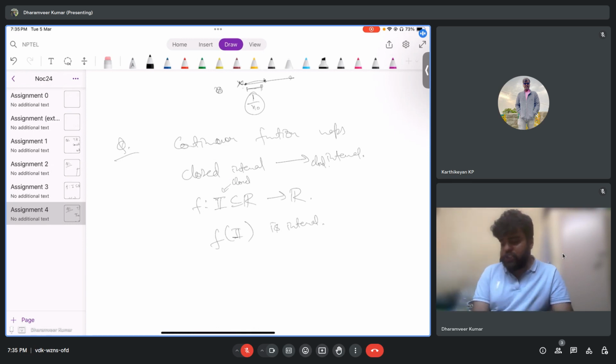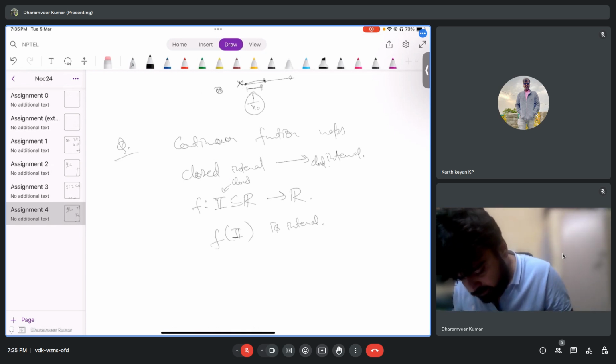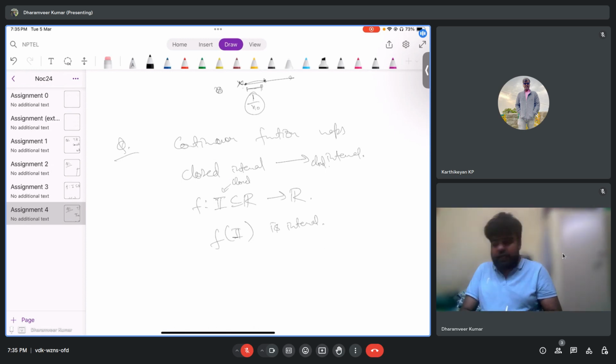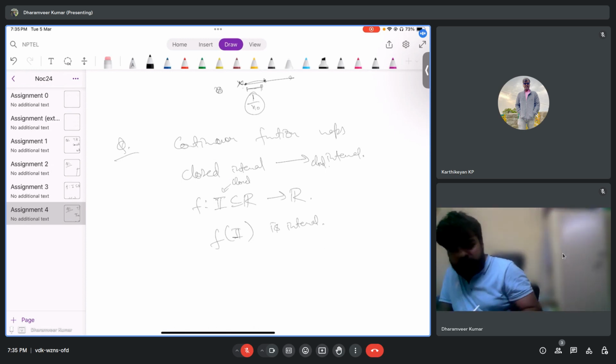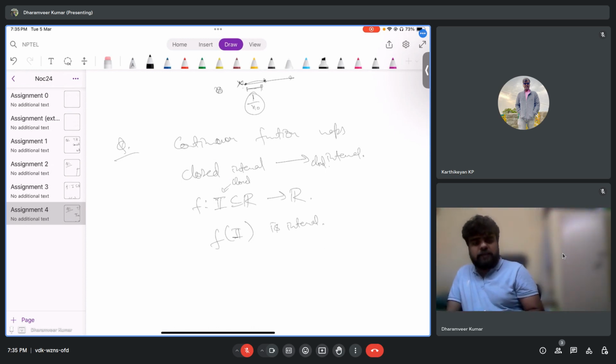Now, the image of a closed real interval is bounded. This is tricky to understand. If this is a closed interval, then its image is bounded.